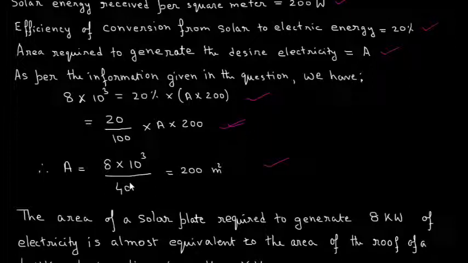So A is equal to 8 multiplied by 10 to the power 3 upon 40, that is equal to 200 meters square.